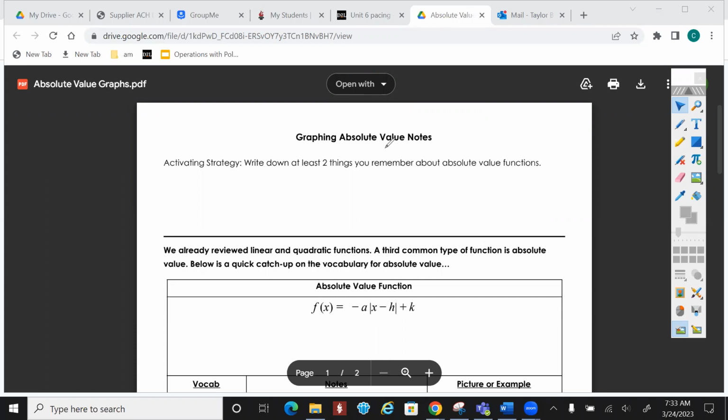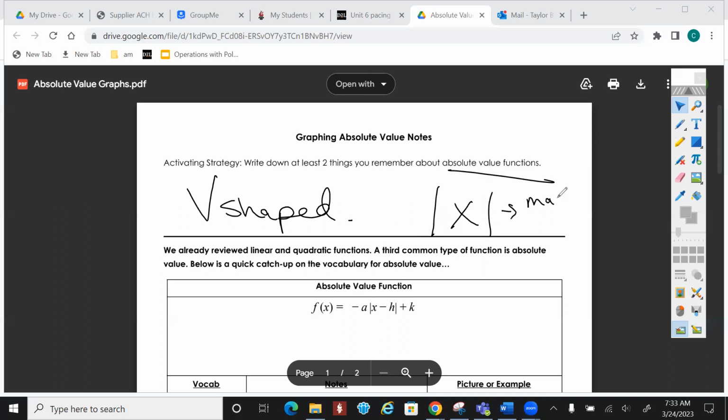What does it look like? All right, it looks like a V. V-shaped graph. The other thing about absolute value functions is we've got bars. It's going to make things positive.